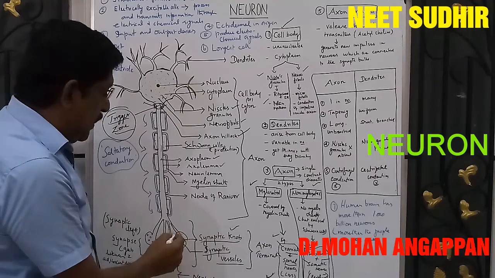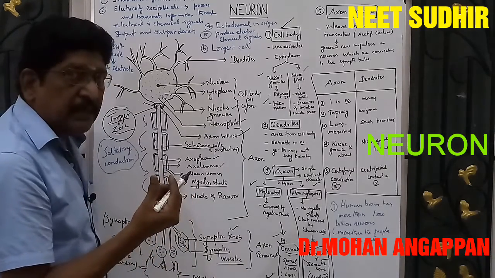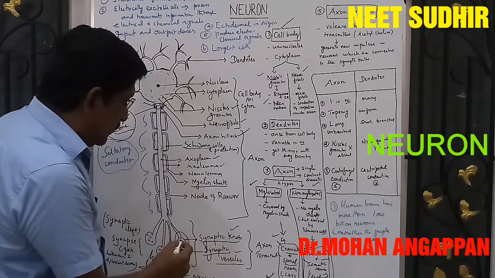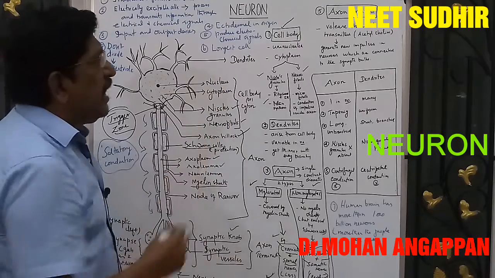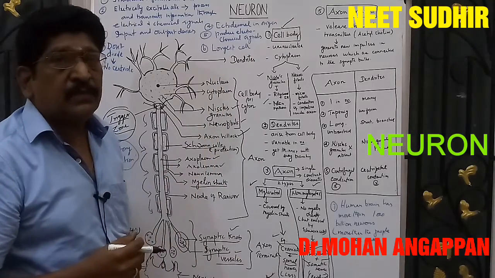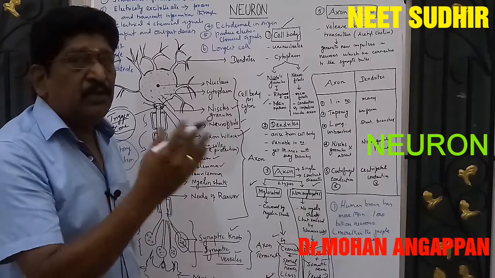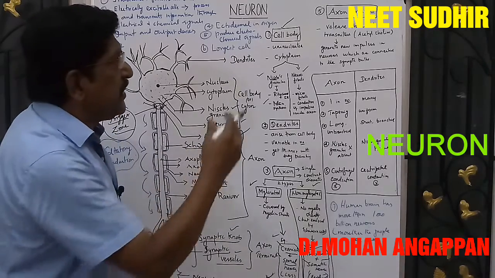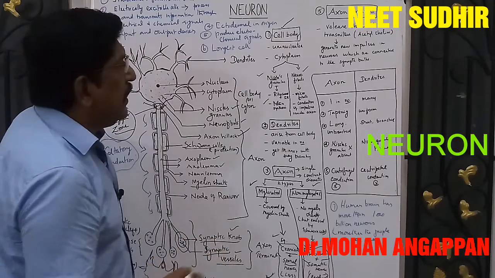Inside this knob-like structure you get the synaptic vesicles. These synaptic vesicles release chemical transmitters during transmission. Actually they produce acetylcholine. Acetylcholine is the chemical produced by these synaptic vesicles.